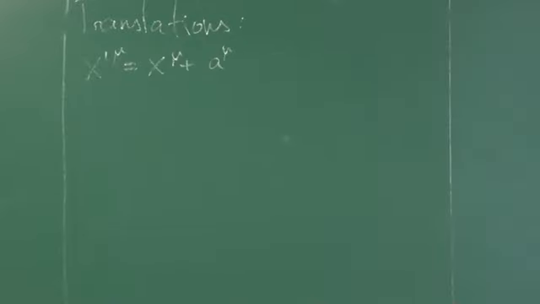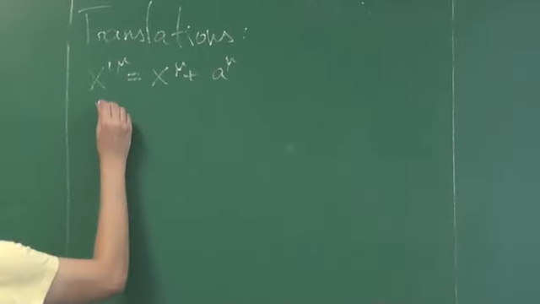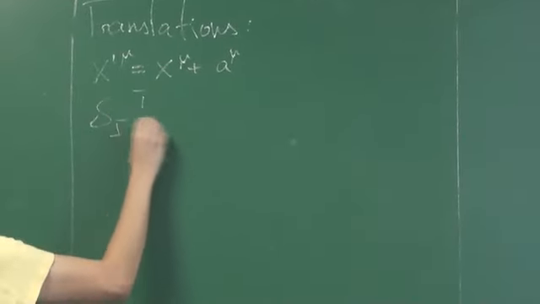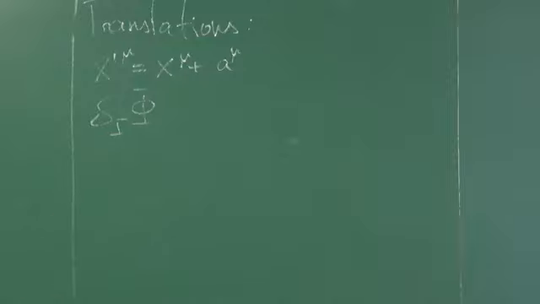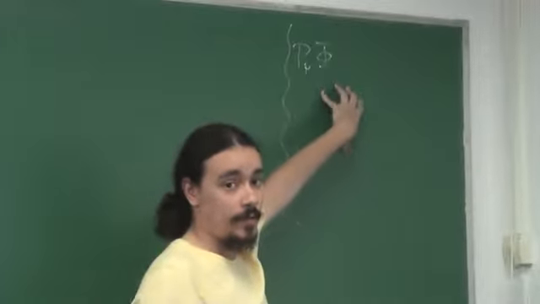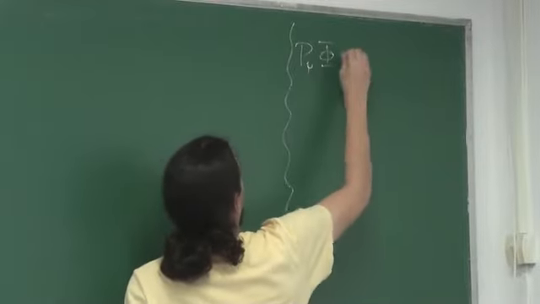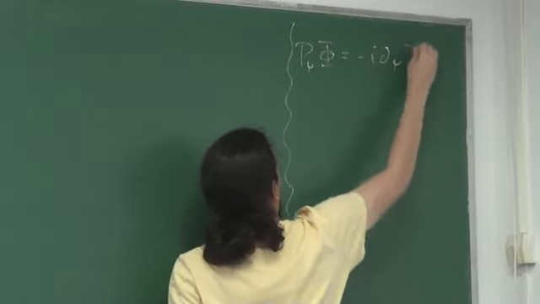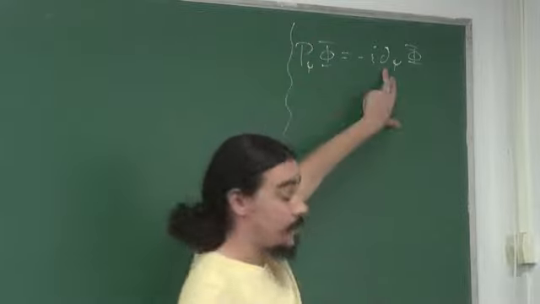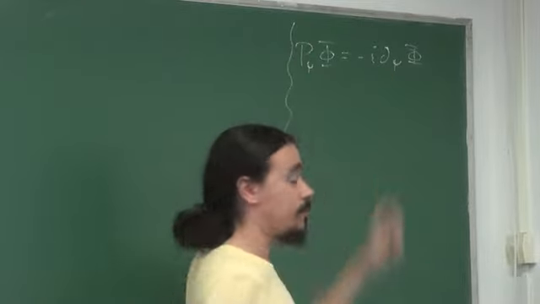So for translations, first off, this internal part vanishes, no matter the field we take. It's good to recall what I write here. We saw that the translation generator acting on any field, capital Phi, has this effect, which depends on space-time: it goes to the derivative.